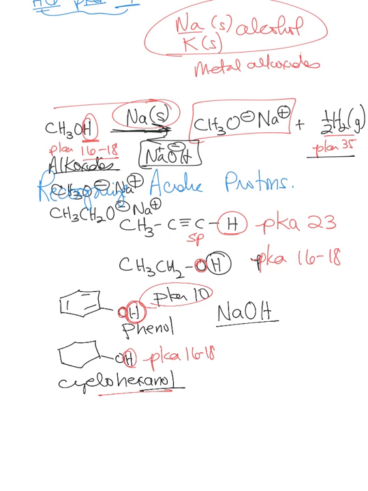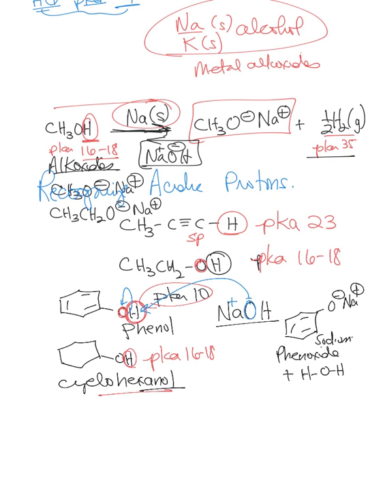Then your base would come. Here's your plus and minus, your oxygen. The base would come and take the proton away, and you would make a phenoxide. This would be called sodium phenoxide. Now, you would also make water. So when you're comparing the reactant side and the product side, what are you comparing?